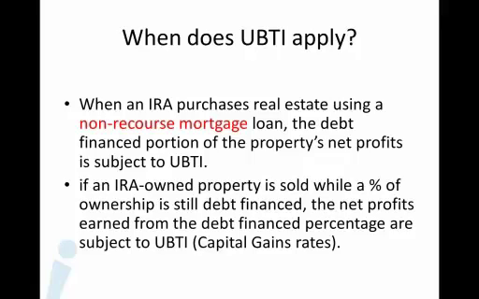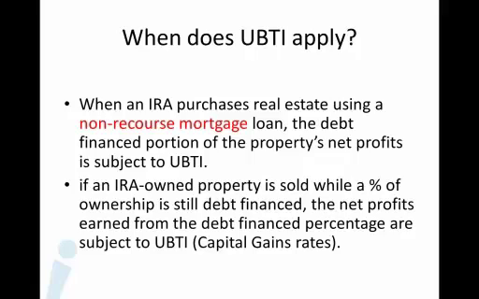The debt-financed portion of the property's net profits is subject to UBTI. So what does that mean? A lot of lingo here and not very clear, but if we're looking at my situation where $75,000 is financed, $25,000 comes from the IRA, the debt-financed portion there is 75%.